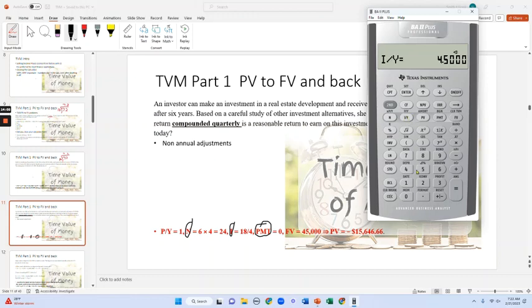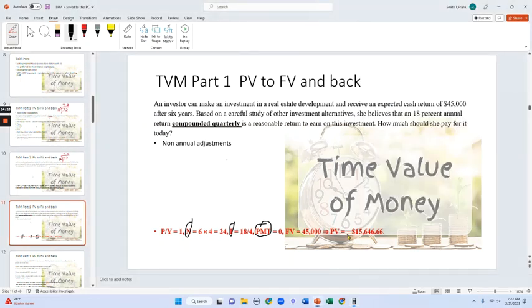That would be the I. And you want to know what it's worth, $45,000 out in the future. So when you calculate what it's worth today, you find out it's only worth $15,646.66. So that is what you would actually use as the number that you're willing to pay for this investment out here in the future.